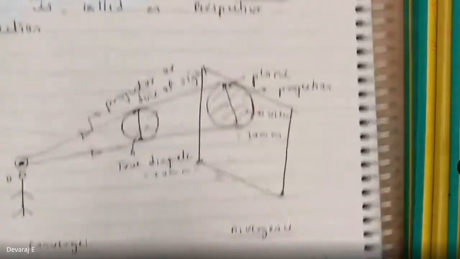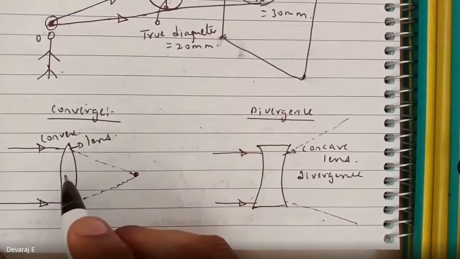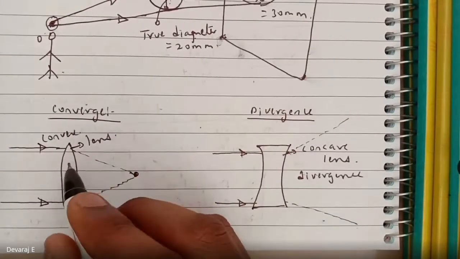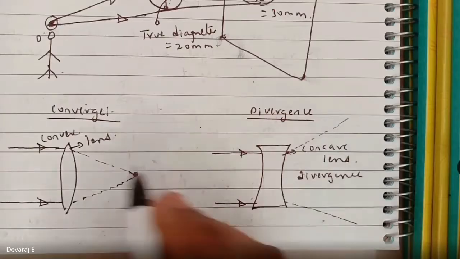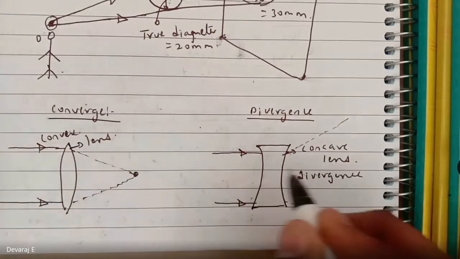So here, there are two types of lenses: convex lens and concave lens.